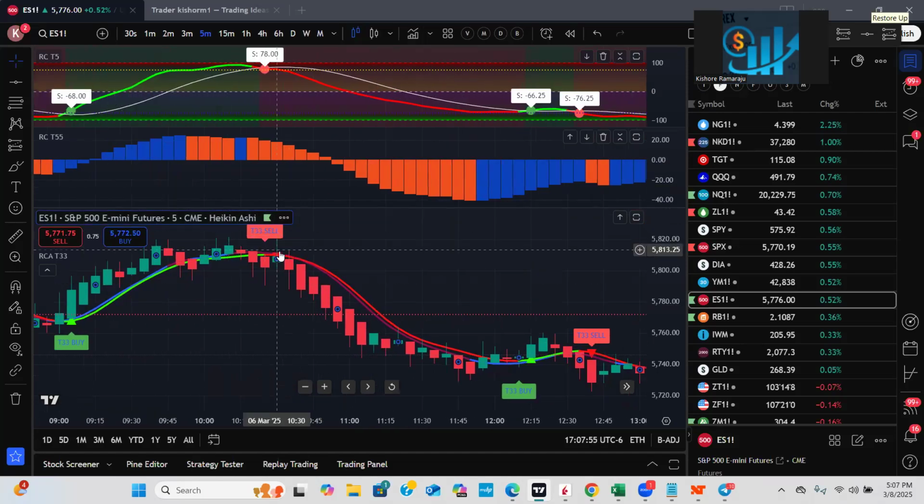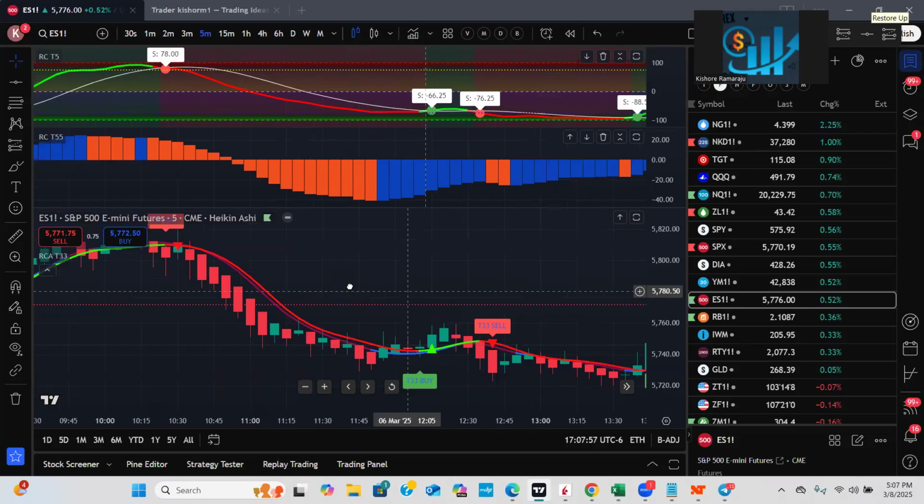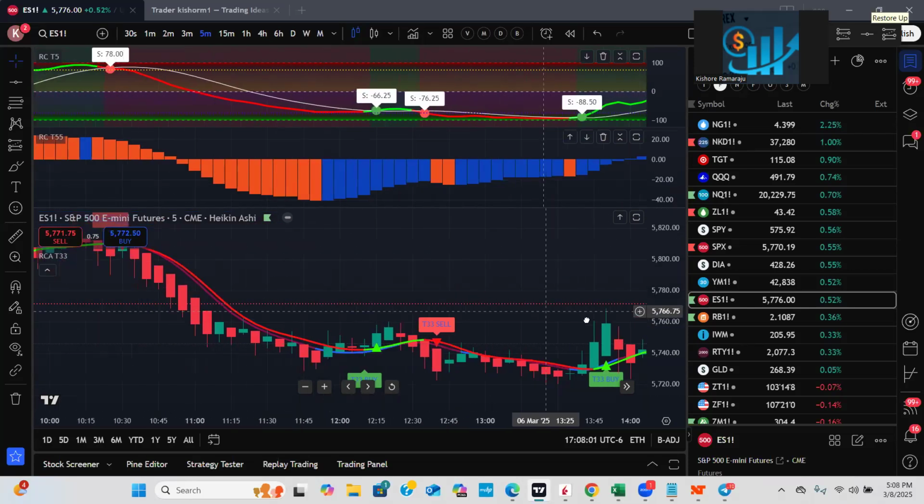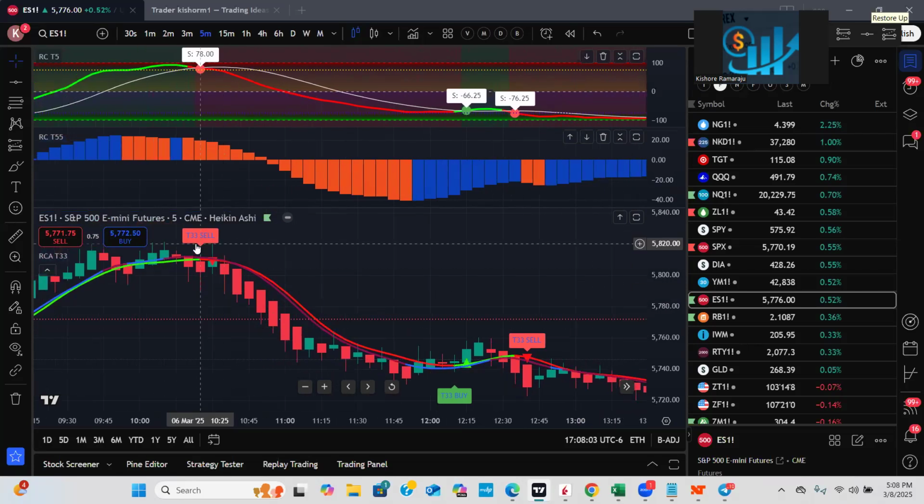You get one sell, one buy. After a buy, you will get one sell and then you will get one buy. But with T3, for example, you got one sell here, suddenly it goes and touches this line, and there might be another T3 sell. With T33, there will be only one sell. And if you see this sell is above 70, this is red, a perfect opportunity to short.